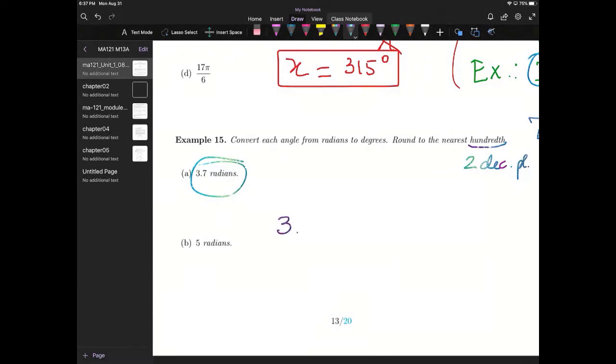So again, this is radians, and I want to multiply by a fraction that is equal to 1, but that fraction needs to have degrees on the top. So that means I have to multiply by the fraction 180 degrees divided by pi radians. In this case, there is no cancellation needed because the answer should be an approximation. So we're good to just ask the calculator what is 3.7 times 180 degrees, and then we divide by the value of pi.